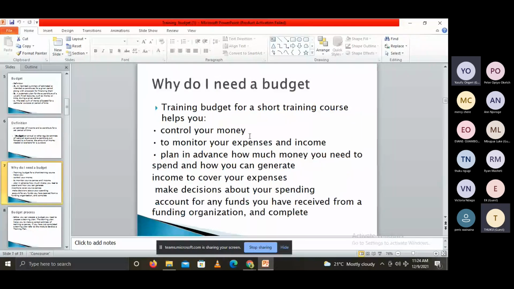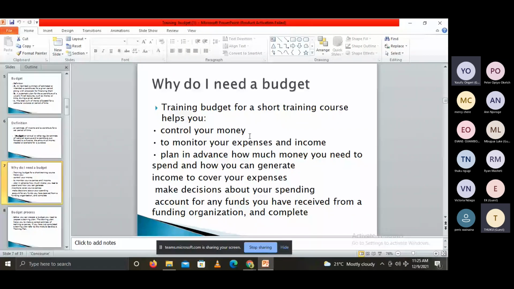Why do I need a budget? This is a very simple question to ask, but very, very important for us. A training budget for training courses helps you to do a number of things. One, it helps you to control your money.